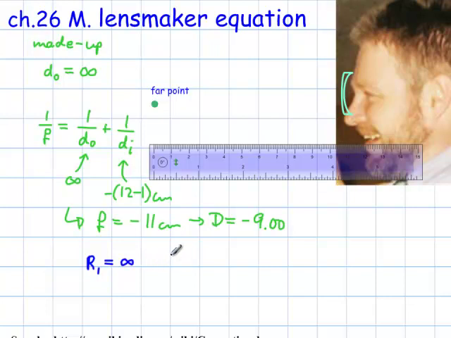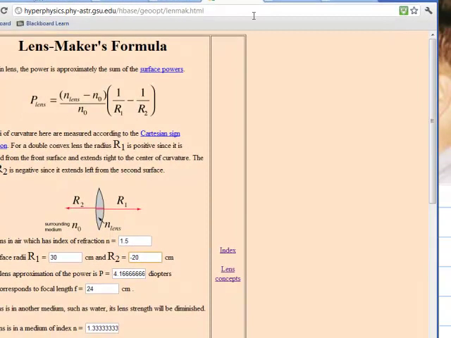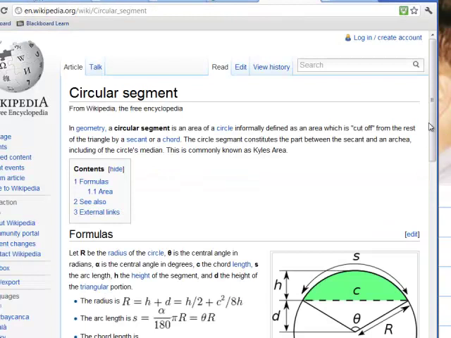And the radius of the concave side, for that what I did is with my real glasses I put a caliper on the side here to figure out what this one is in the middle. So I had these two measurements, and I had this distance here that would be called the chord, and from that I made a calculation using circular segments.